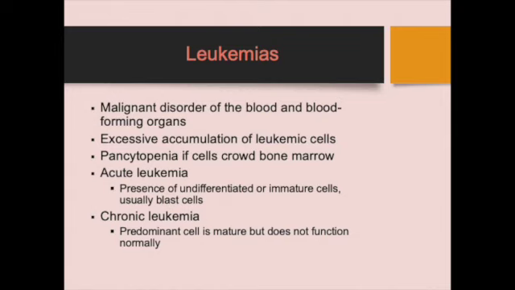Over time, the classification of leukemia has become increasingly complex because there have been notable changes with new research. The changes create a blurring of lines in some of the ways that we used to distinguish between the different categories.